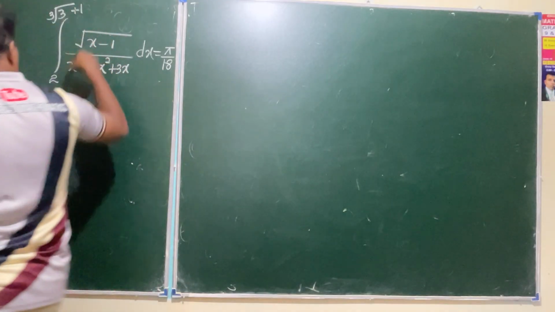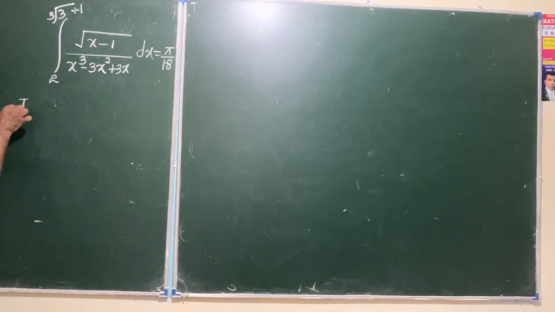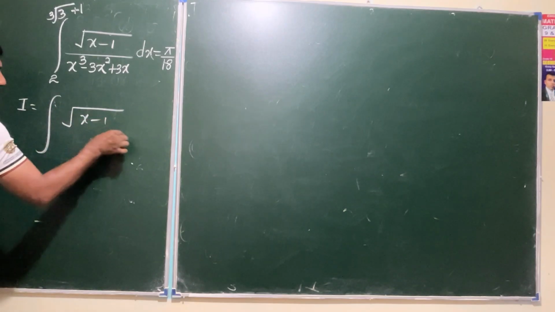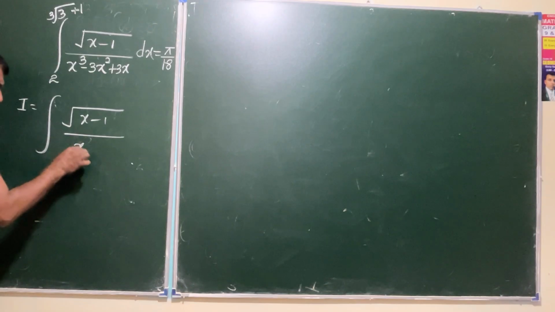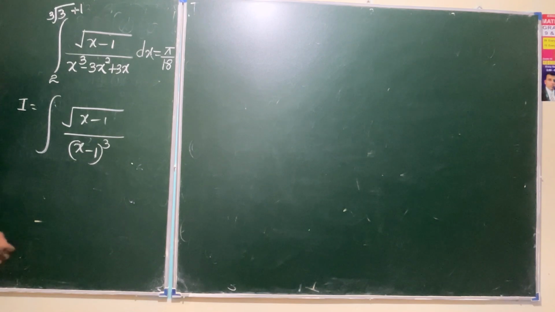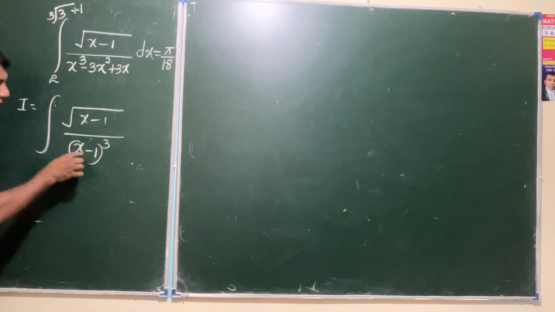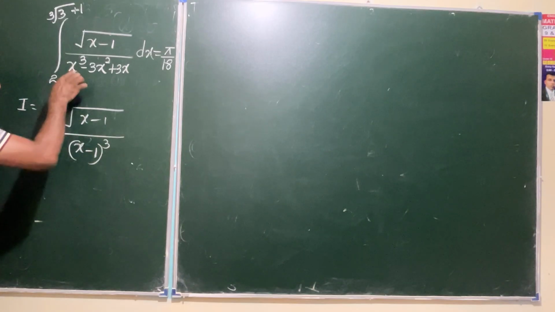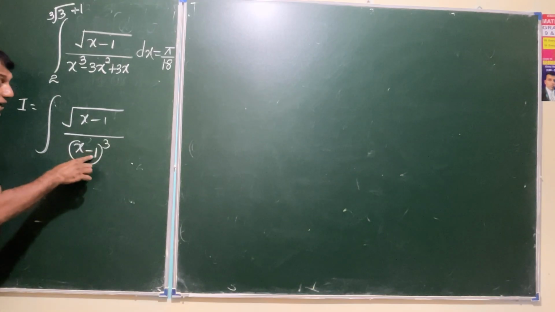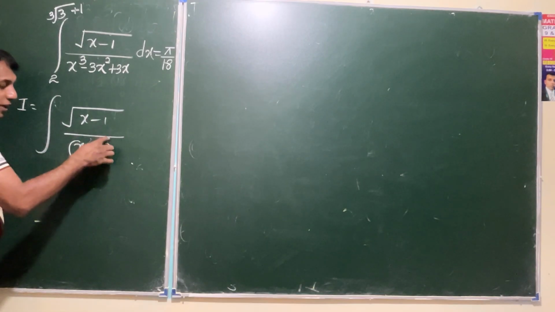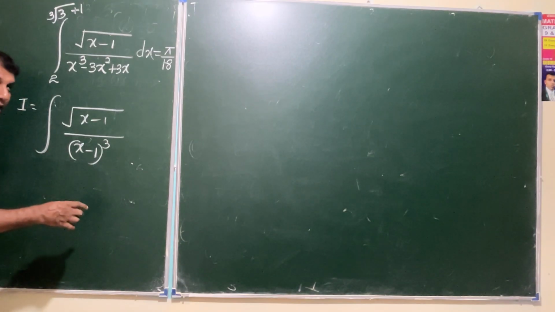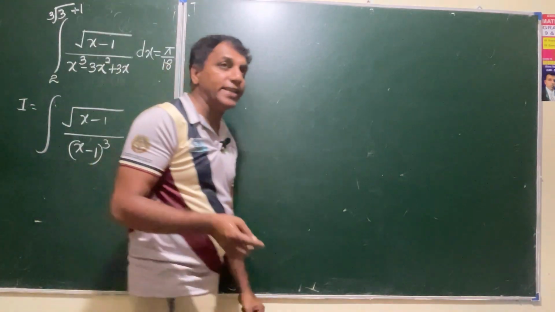Now see, this is the x minus 1 part. Therefore, I try to show the denominator also in terms of x minus 1. See what happens if I take x minus 1 cubed. Using the binomial expansion, a minus b cubed is a cube minus 3a square b plus 3ab square minus b cube.